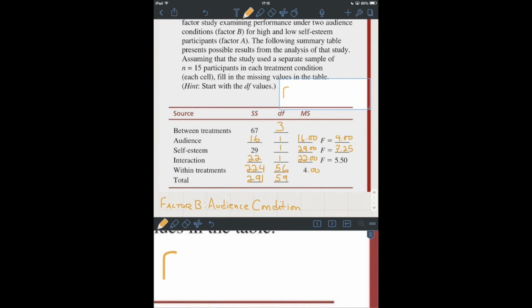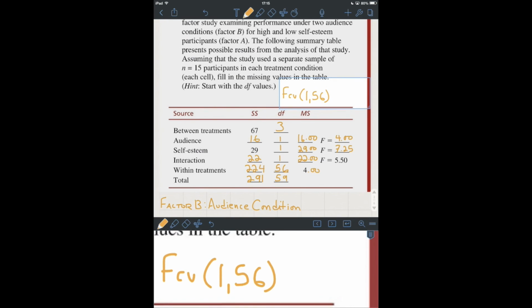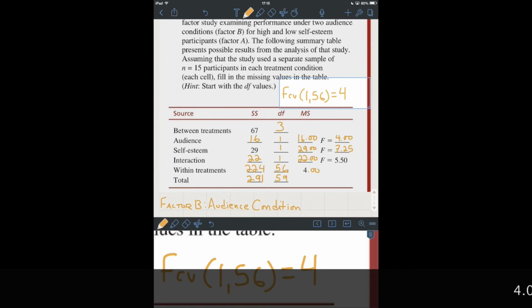So our FCV has 1 degree of freedom in the numerator, 56 degrees of freedom in the denominator, and the one that we can find in the textbook that is closest to that is actually corresponding to the degrees of freedom of 1 and 55, and that is 4.02.